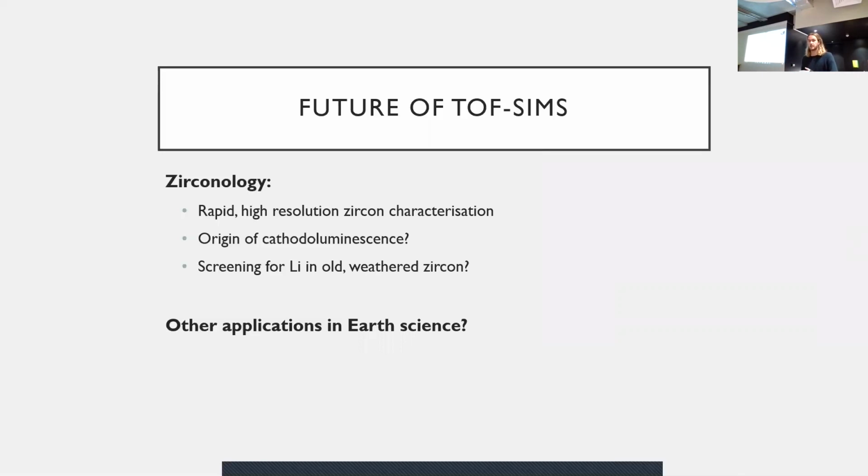Temora and Mud Tank are Australian, and I think Temora is used a lot at ANU as a zircon standard. Then Plešovice is from the Czech Republic, and I think that's pretty widely used. Lloyd, you can confirm or deny that. The source of where they were found is all right, but basically it's writing to the people who developed the standard and asking for it, maybe in some instances paying to get it.